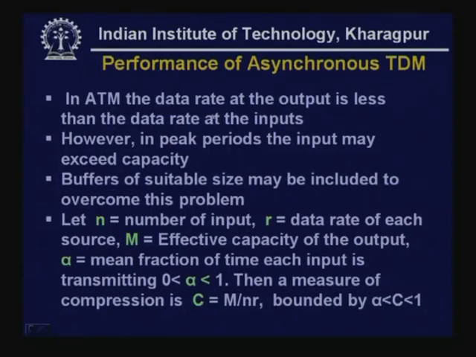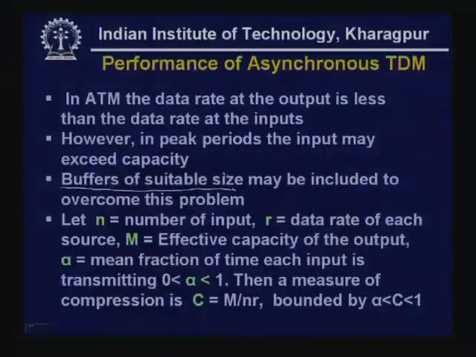That means, the incoming data rate may be more than the outgoing data rate possible. So, in such a case, the only alternative is to use buffers of suitable size, and then the data can be temporarily stored before sending.